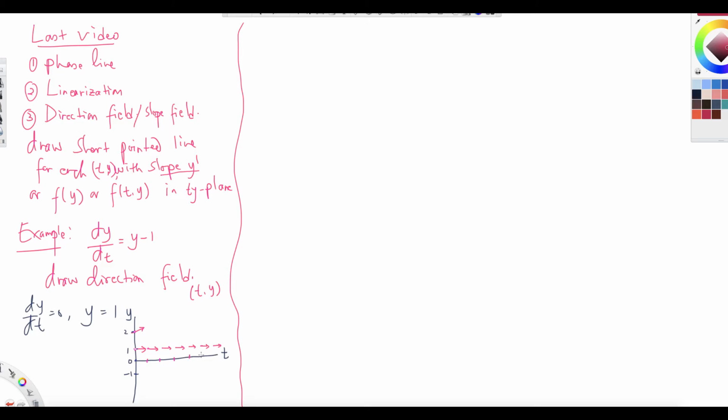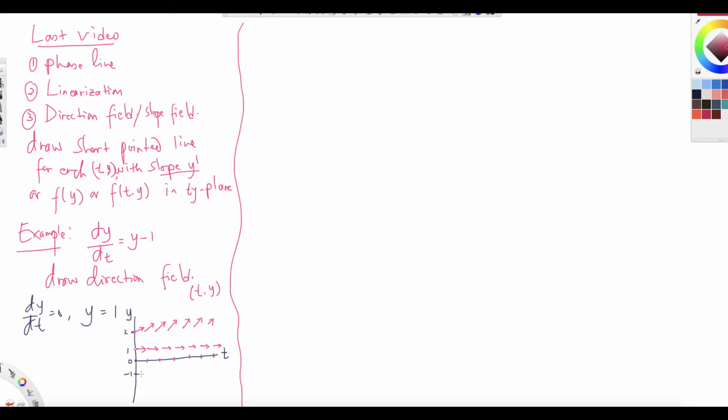When t is 1 and y is 2, the slope is again 1, so a 45-degree slope, right? Here also you do the 45-degree line, because the slope is 1 at all t values. Because the right hand side does not depend on t, you get the same slope for all of those. You see that?